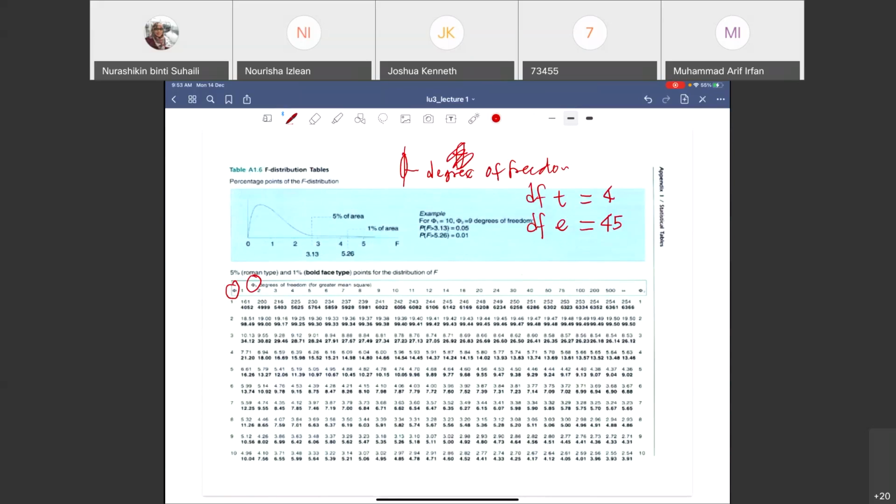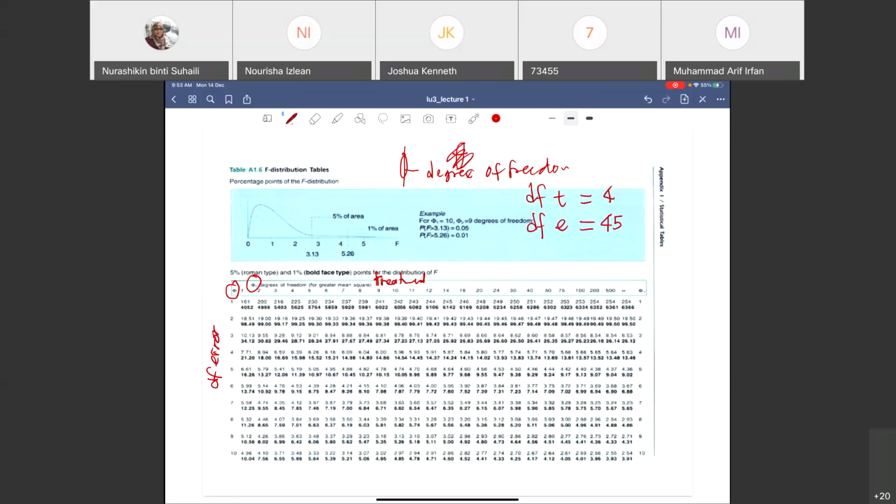This is for the degree of freedom of the treatment, and this is the degree of freedom of the error. Remember that. And here, there are actually two values given.